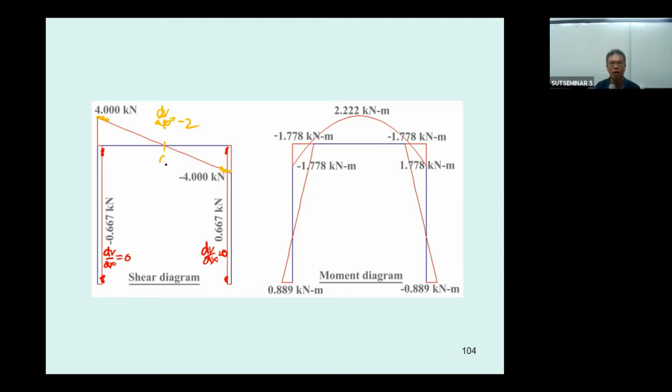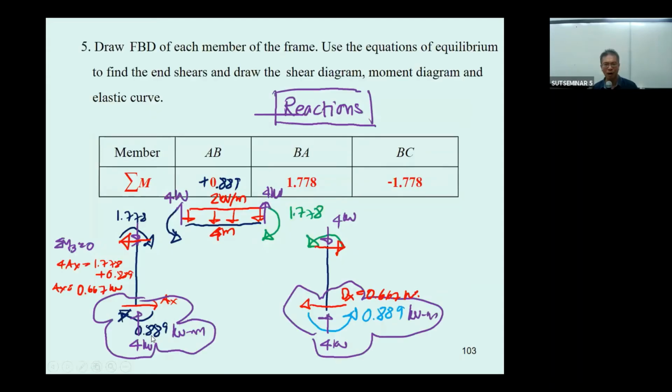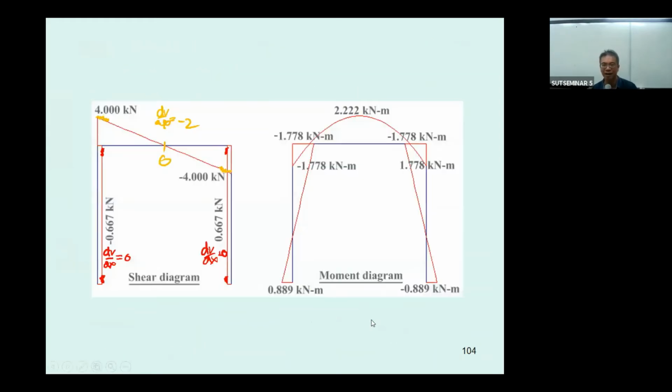Then you got this one to be 0. So when you recall back 0.889, if you use the sign convention for the in statics, 0.889 going to be positive. And then if you use this one for the sign convention, this light blue going to be negative. This one going to be positive, and this one going to be negative.